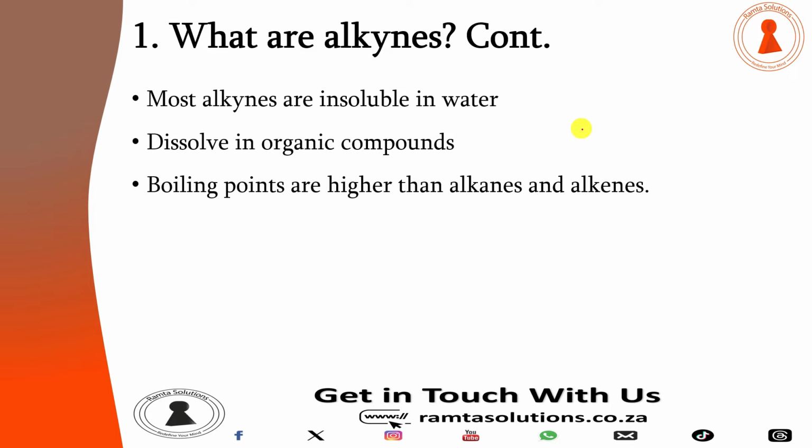Remember, with regard to boiling points, the boiling point of alkenes is lower than the boiling point of alkanes, and the boiling point of alkanes is lower than the boiling point of alkynes. So for molecules of the same number of carbons, alkenes will have the lowest boiling points, alkanes will be higher than alkenes, and alkynes will have boiling points higher than hydrocarbons of the same size.